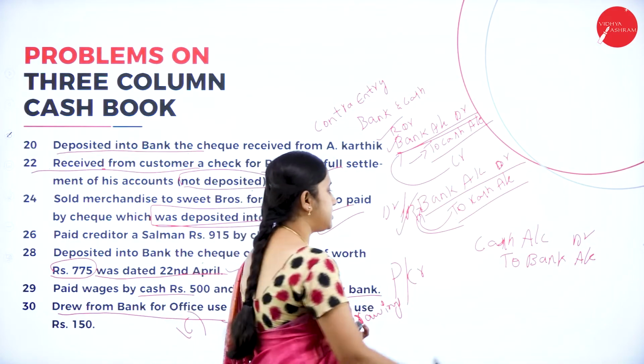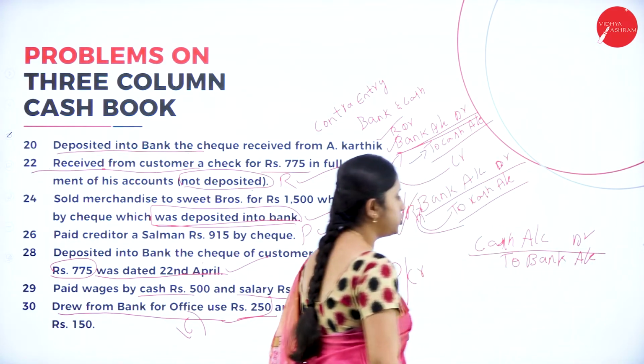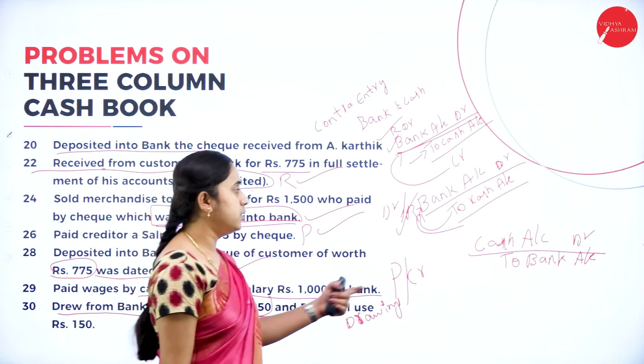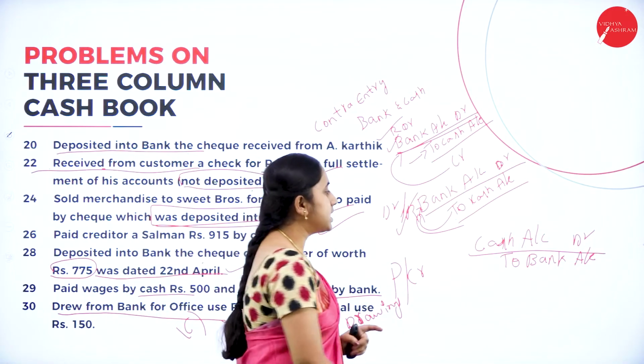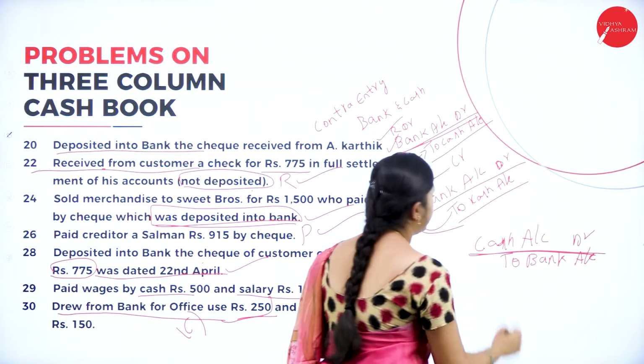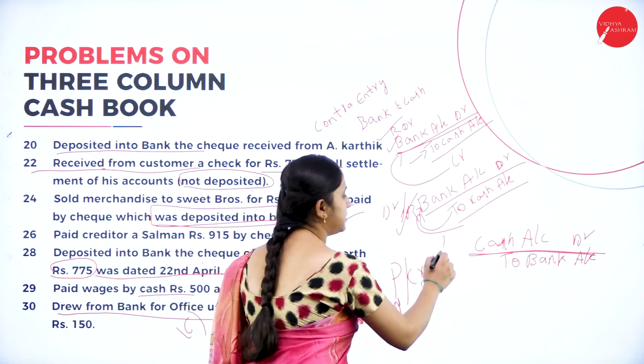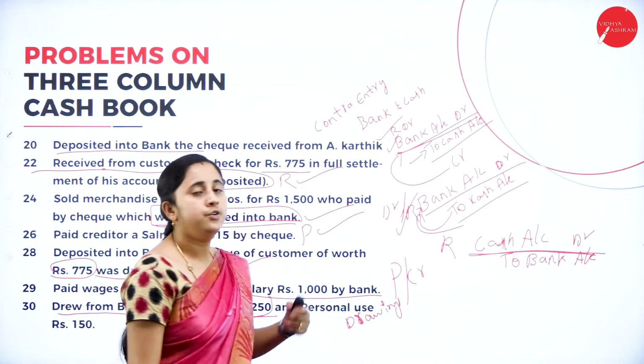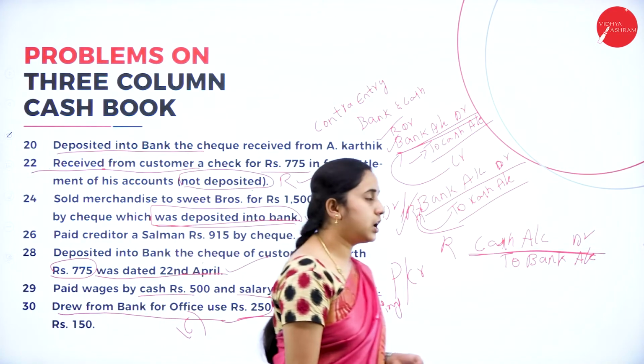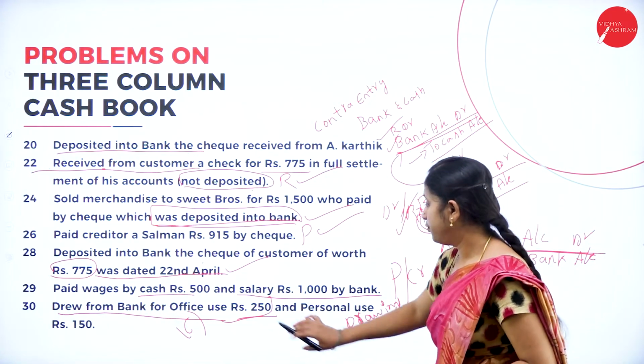So now start posting into cash account. So now write in the cash book. First consider this cash account. Here cash is debited. So write in the debit side, that is receipt side, to bank account rupees 250.